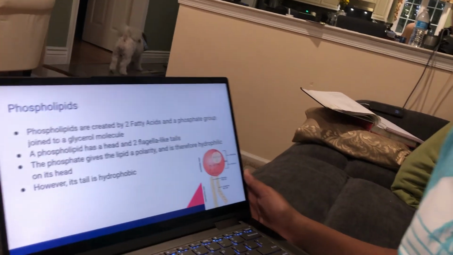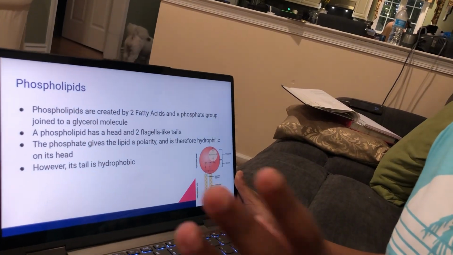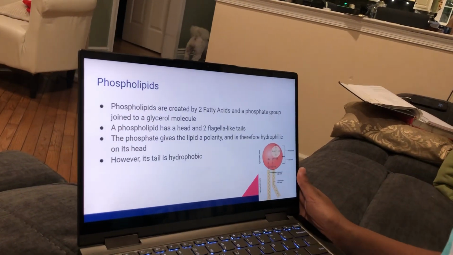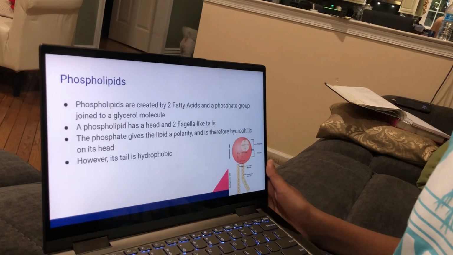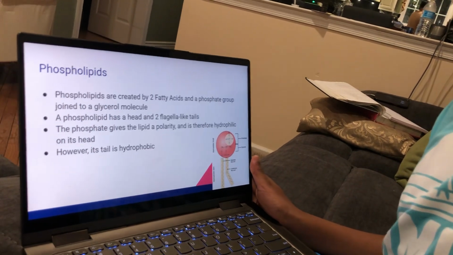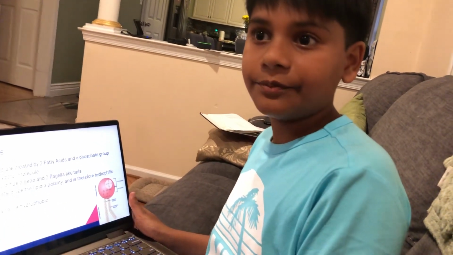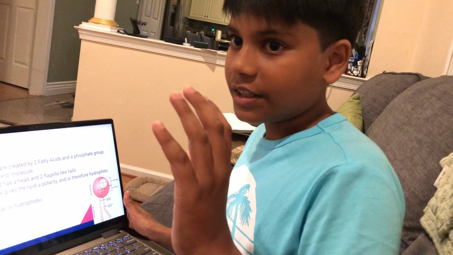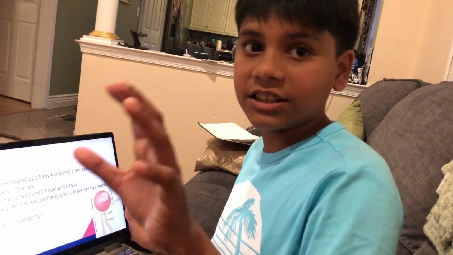A phospholipid is, like we said, 2 fatty acids with a glycerol and a phosphate group. Now the phosphate group gives it a polarity at its head. The phospholipid has a head and 2 flagella-like tails. Since the head has a polarity, it is therefore attracted to water.